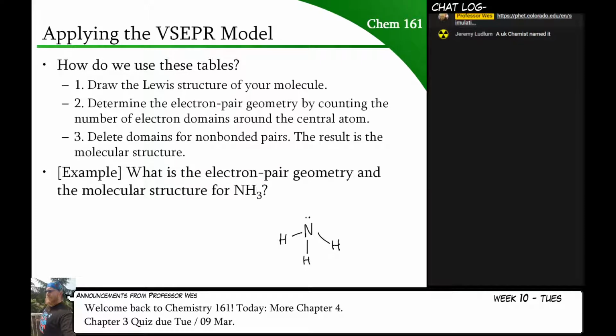Now, you'll notice that I'm trying to model it to my templates. So now that I have 4 electron domains, I'm going to try and avoid drawing stuff at just 90-degree angles here, because that could confuse me. Or it could confuse you, really.